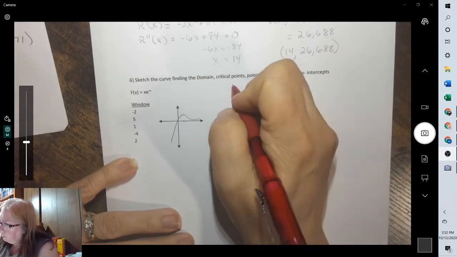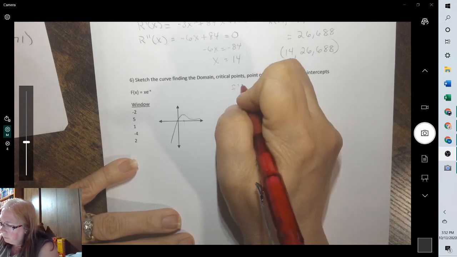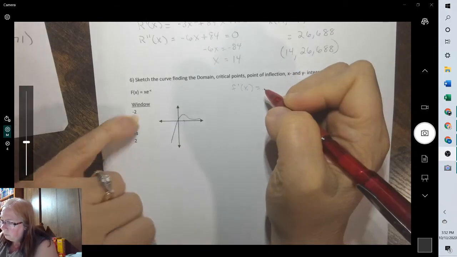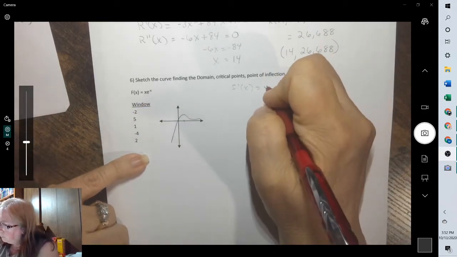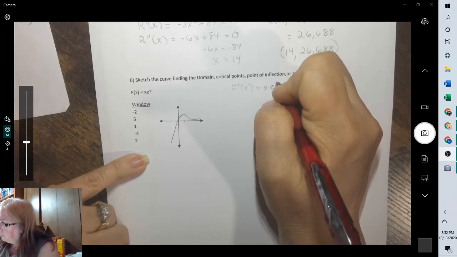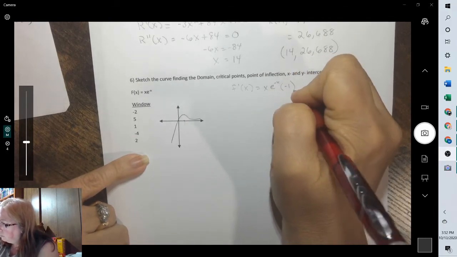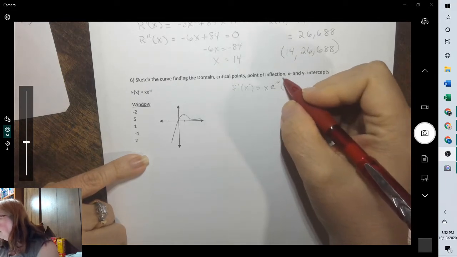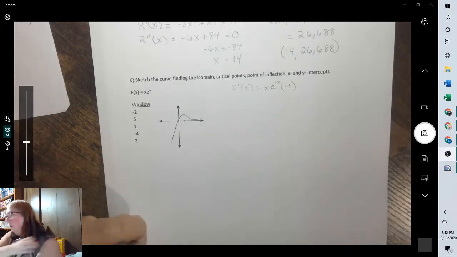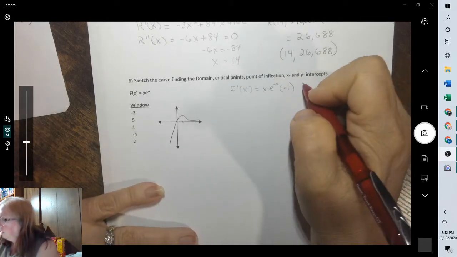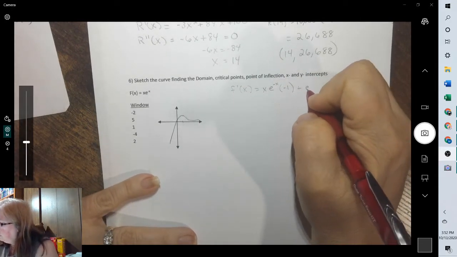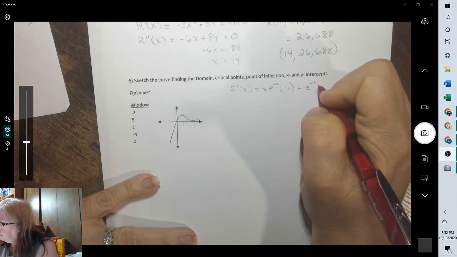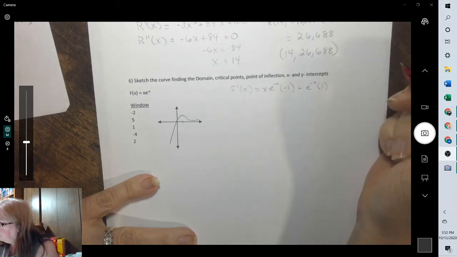To find those, we need to take the derivative. Product rule, first times the derivative of the second. Derivative of e to the negative x is e to the negative x times the derivative of the exponent, which is negative 1, plus the second times the derivative of the first.